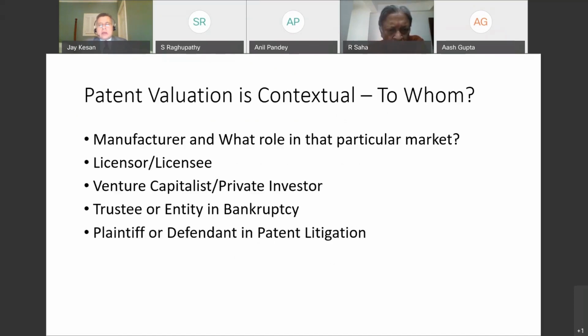So patent valuation is by definition based on the context. One of the first questions you might ask is: the value of a particular patent to whom? If you are a manufacturer and you are selling products based on the patented technology, then that patent may have a specific value for you. Let's think of an example.